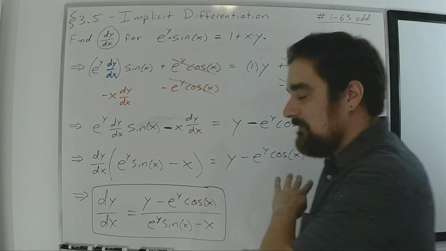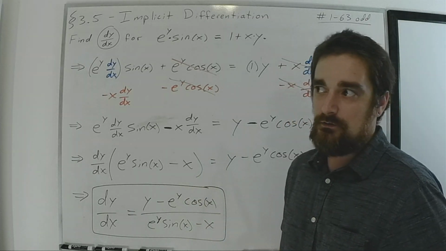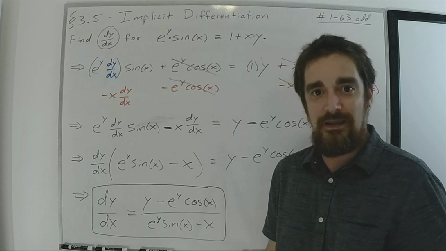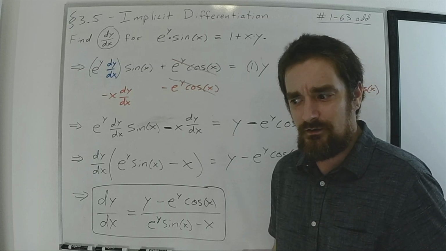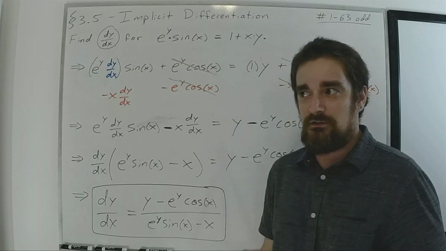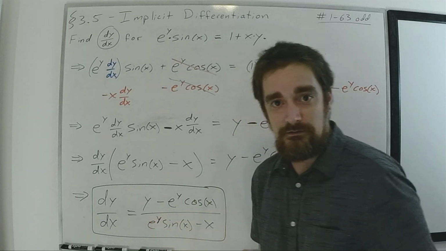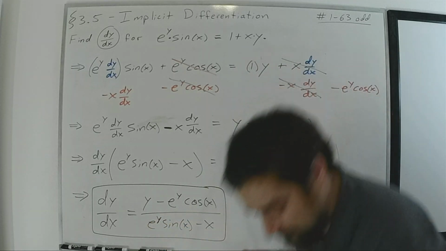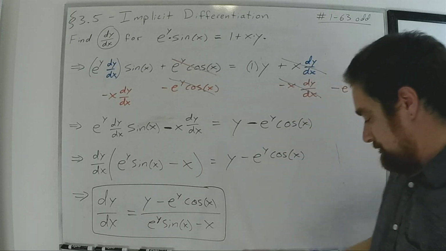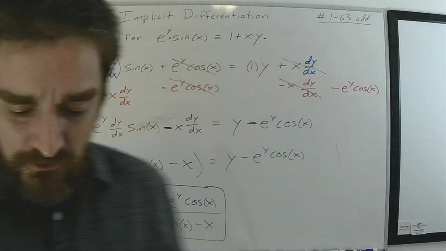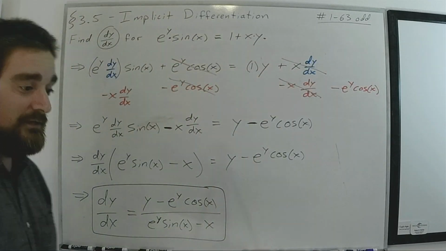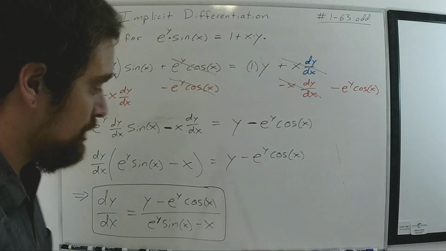So even though you have no idea what the function y is, you can still tell me the rate of change of that function. Isn't that kind of weird? You have no idea what the function is, but you know how fast it's increasing. That's powerful stuff. So I never even told you what the function was, but you can tell me what its rate of change is. That's some really neat stuff there.